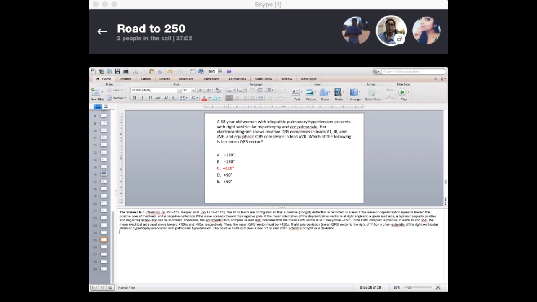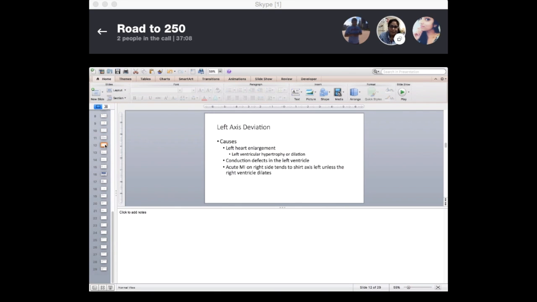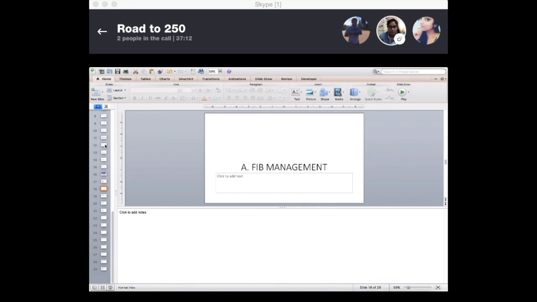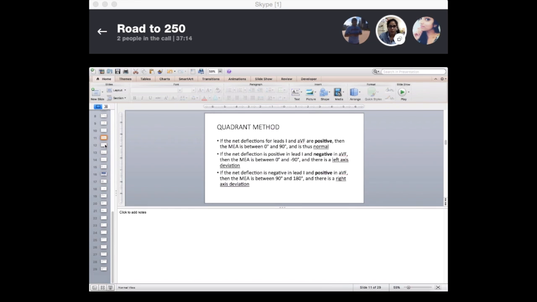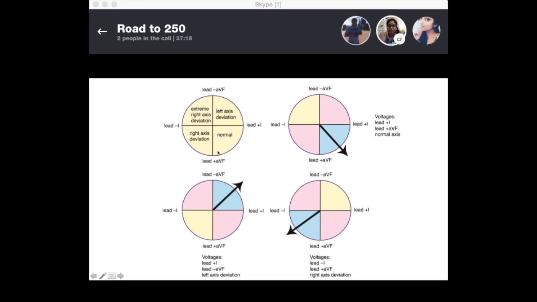Could we see it on the diagram? Yeah, the quadrant method won't completely work. I just posted the quadrant method picture in the chat if that helps you guys.